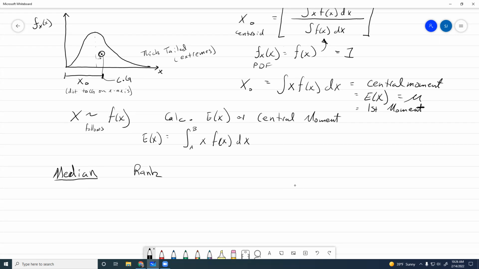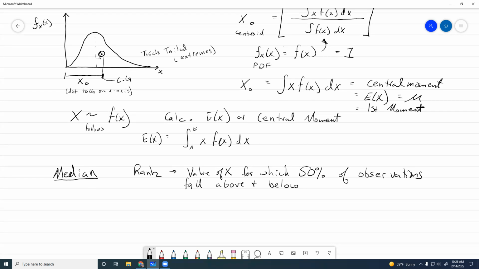And the median value falls in the middle, right? So it's the value of x for which 50% of observations fall above and below.